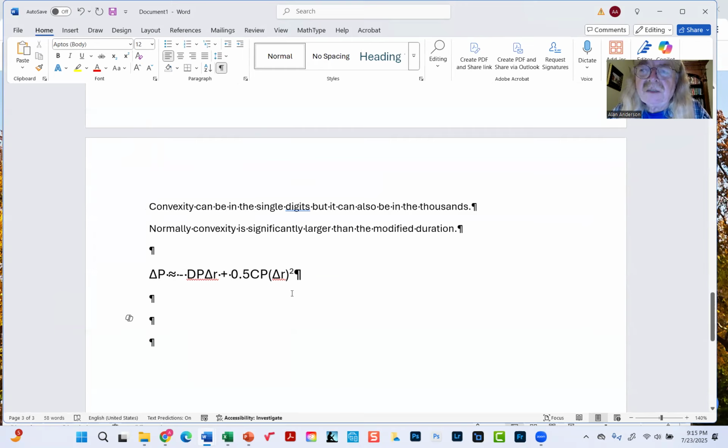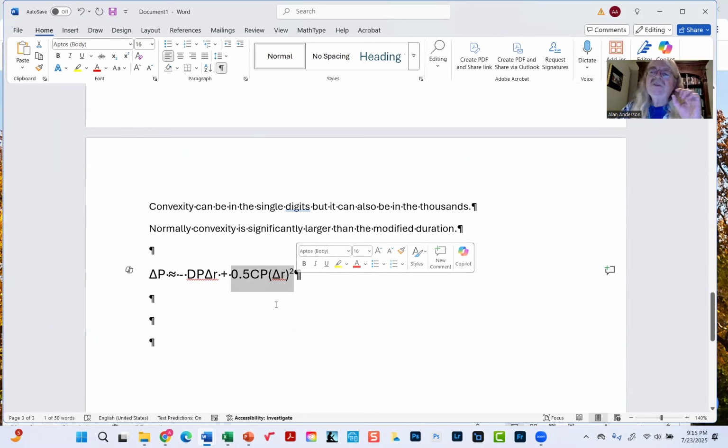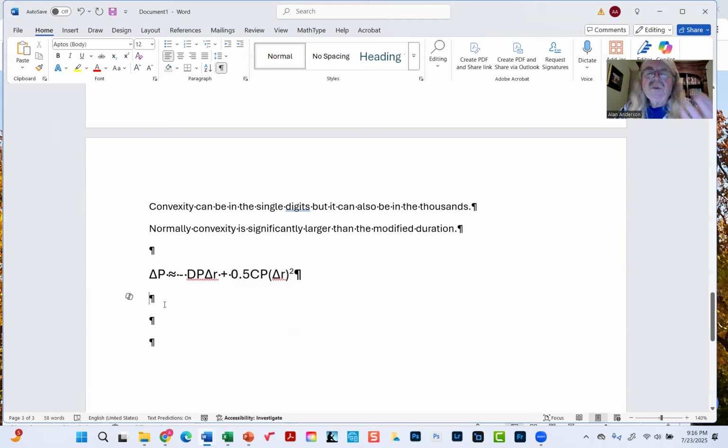If C is a moderately large number or small, because of this delta r being squared, there will be such a small number that unless C is fairly large, this whole term will be small enough that you could think of it as a rounding error. So normally this second order approximation is helpful for bonds with very large convexities, which often means very long maturity bonds, like 30-year bonds.